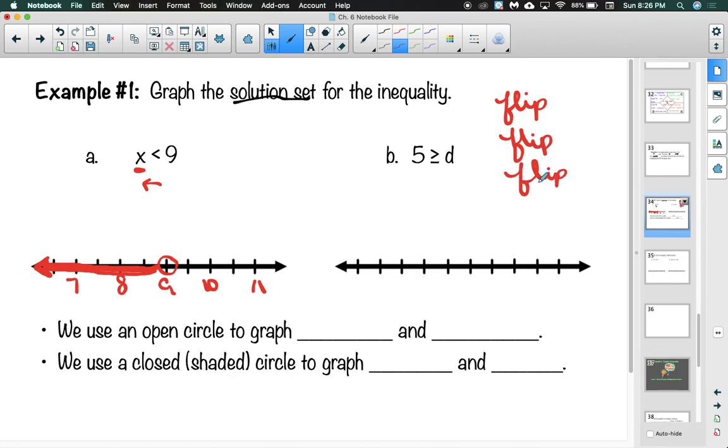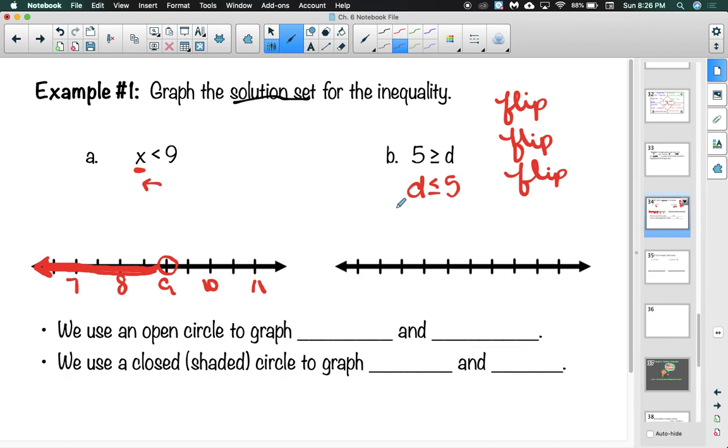So what we do is we first flip the variable to the left-hand side, and then we flip the constant to the right-hand side, and then we flip our inequality sign. So right now this is a greater than or equal to. We need to flip it around and make it a less than or equal to. That is the high-tech procedure called the flip, flip, flip.